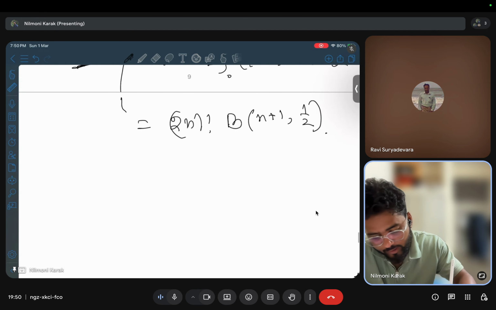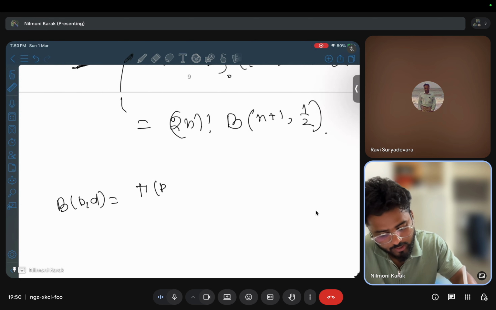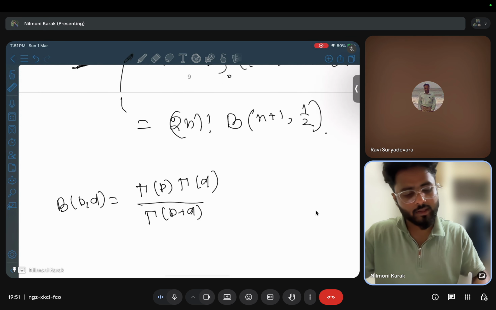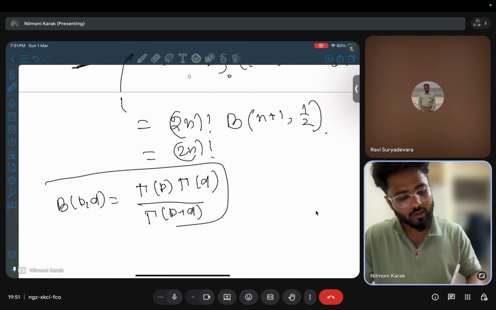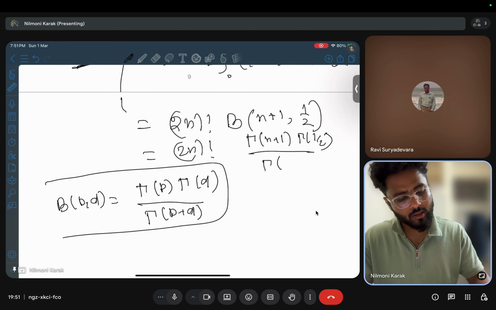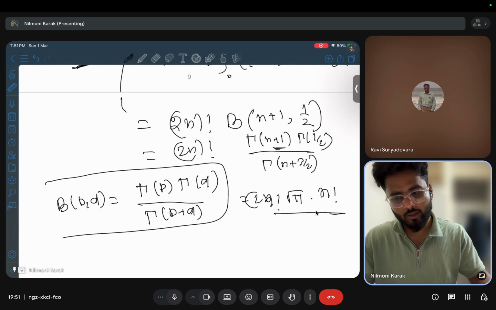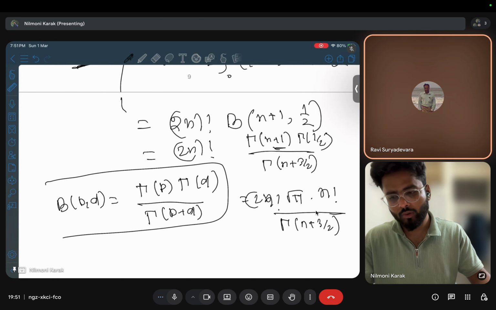And this beta function has a special formula: Γ(p) Γ(q) divided by Γ(p + q). So now (2n)! Γ(n + 1) Γ(1/2) over Γ(n + 3/2). Γ(1/2) is root pi, and Γ(n + 1) is basically n factorial, divided by Γ(n + 3/2).